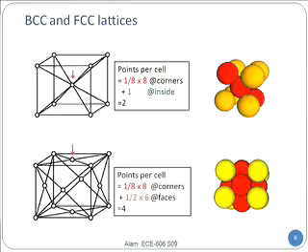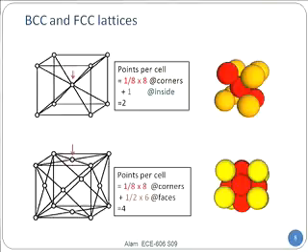Face-centered cubic has not only atoms on 8 corners, but there are 6 faces. And on each face, there is an atom sitting there. So in that case, how many atoms do I have? Well, I have 8 corners, 8 multiplied by 1/8. That's 1, just like the simple cubic one.